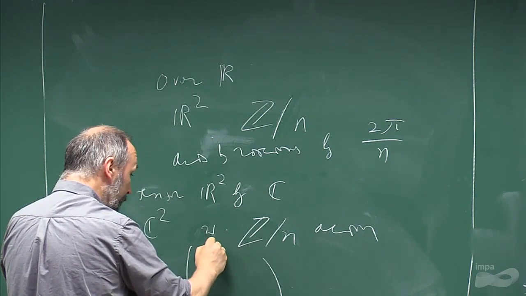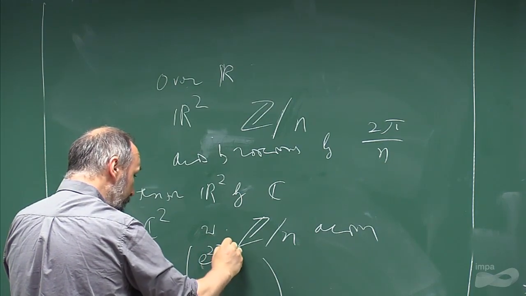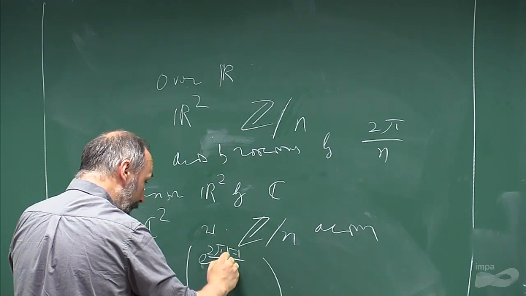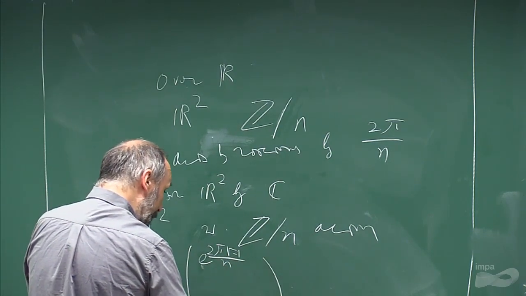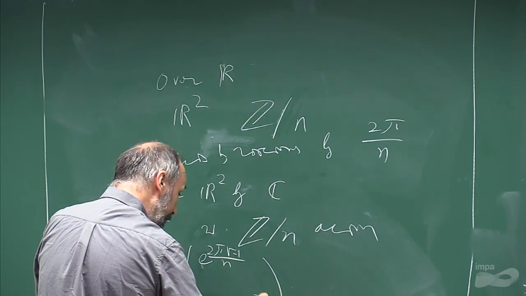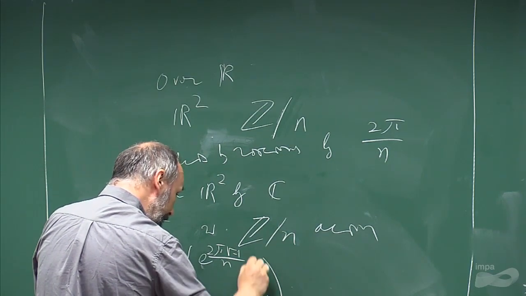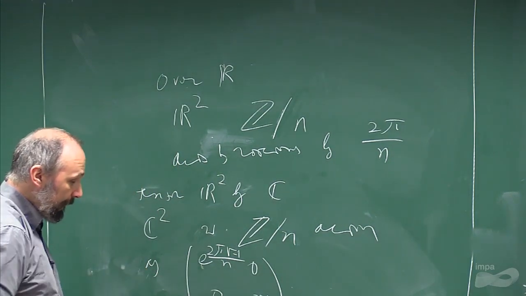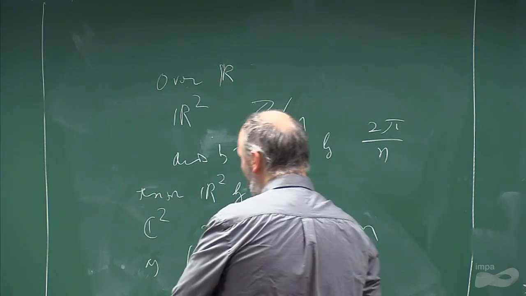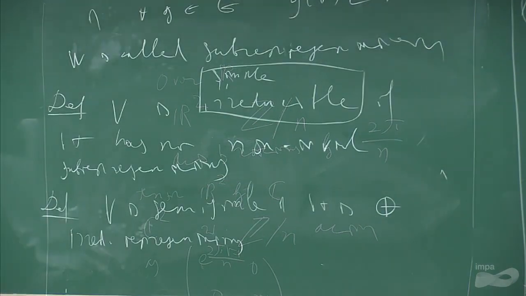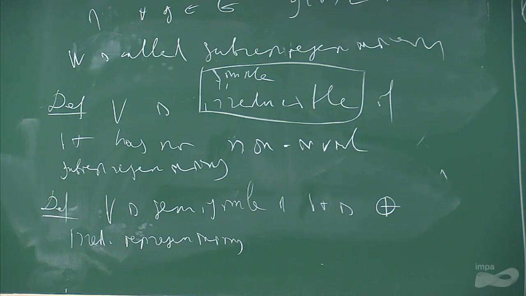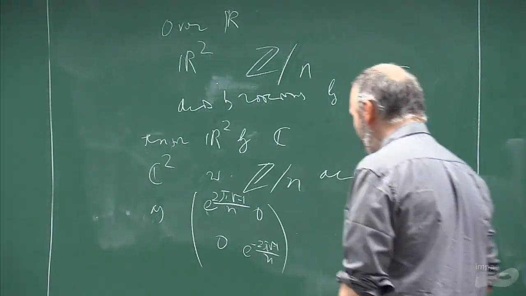So it's exponent of 2 pi square root of minus 1 by N, and here you have exponent of minus 2 pi square root of minus 1 by N. It's not obvious, but this is one of the things which happens in representation theory. You have something irreducible, you tensor it by C, no longer irreducible. It splits.